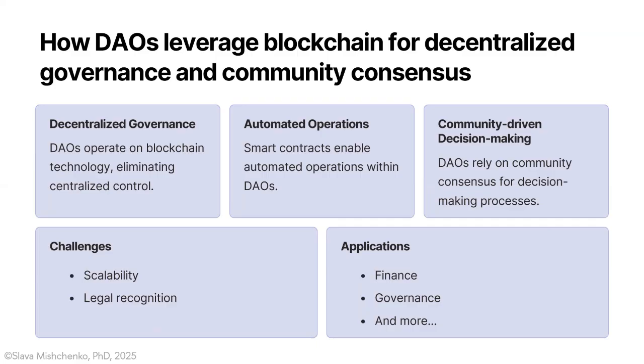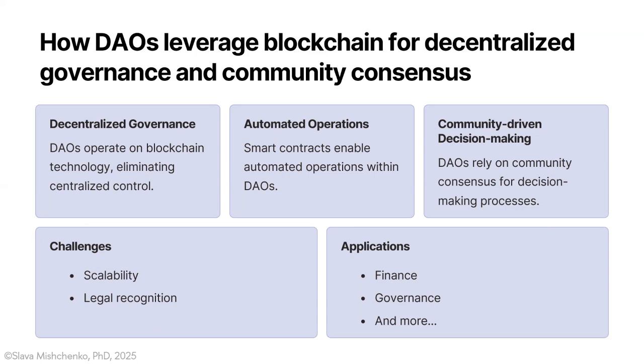Well, let me explain how DAOs work. So at their core, they operate on blockchain technology, but what makes them unique is their ability to function without traditional hierarchical management. Because instead, every decision is made through smart contracts and community voting.